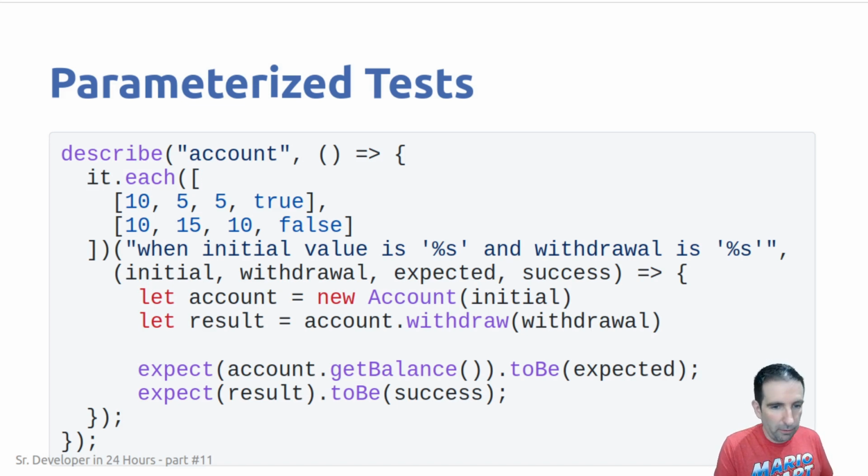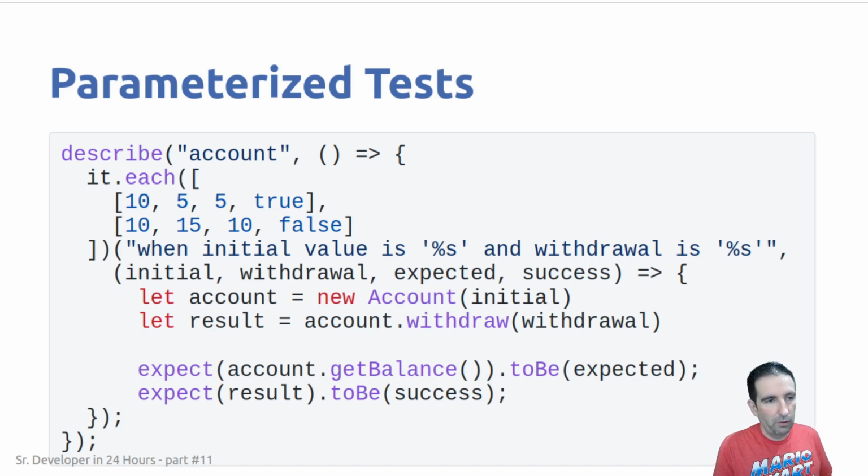Then we have another case. Again, we start with 10. This time we try to withdraw 15. The balance is going to remain the same, but the transaction is going to be denied. So we have all of the setup, we have the action on our actual code, we have the checks, the stuff that we are asserting on, and then we're plugging in different values.